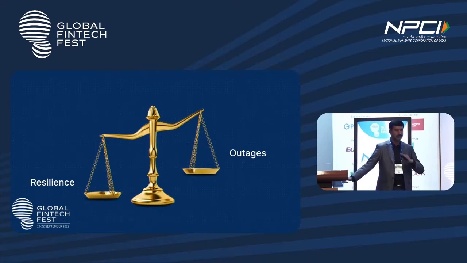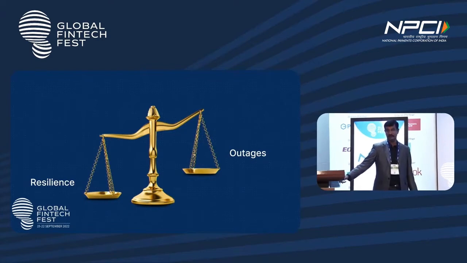So they're always inversely proportional. When you don't see many outages, that means you're very resilient. People on the inside of the company, we always say how reliable you are, so the SLAs are around 99.99, 99.999. This is how we measure, but end users, consumers measure your reliability based on how much time you're not available.